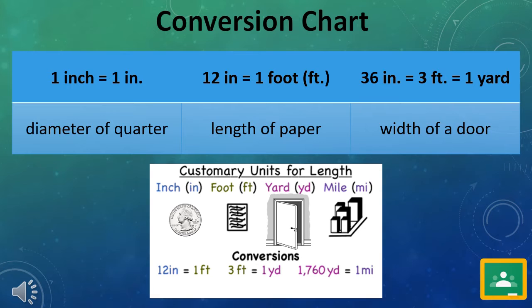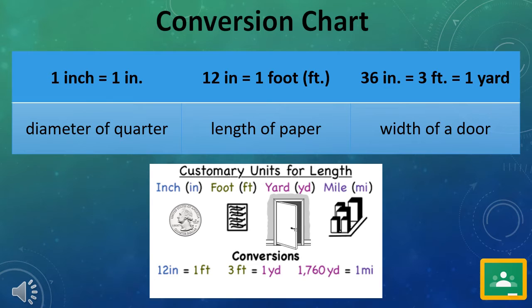So 1 inch equals 1 inch. Okay, there's nothing else that an inch equals except for itself. And remember, we've been using the diameter of a quarter to understand this space. So obviously not the quarter that's on your screen, but a real life quarter that you can touch in real life.